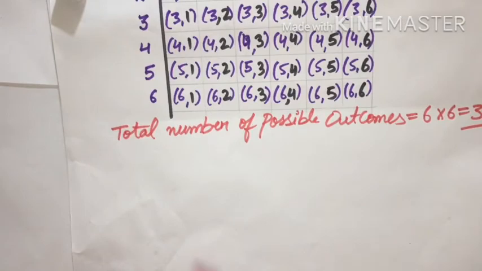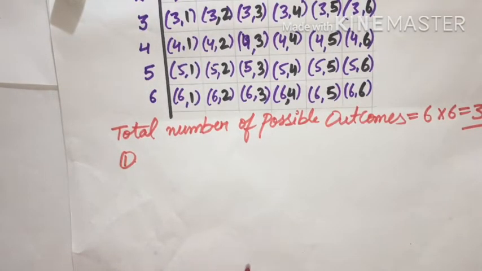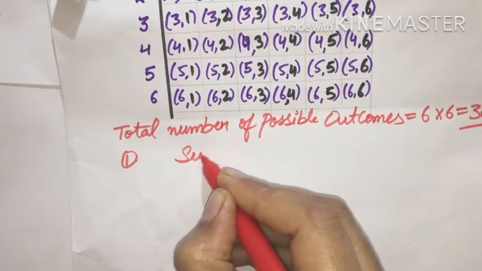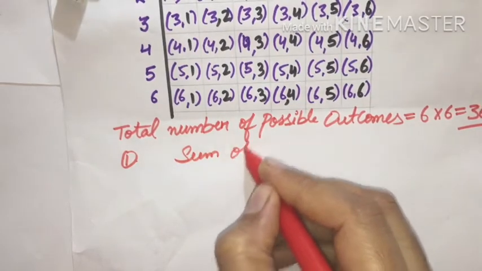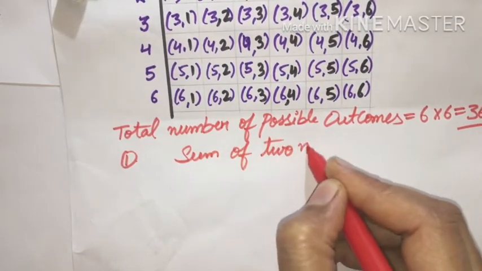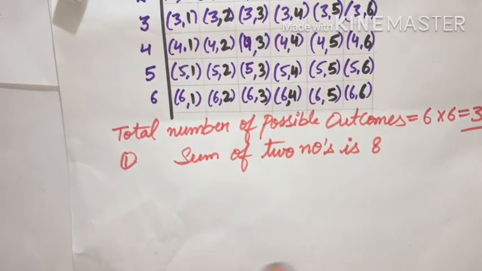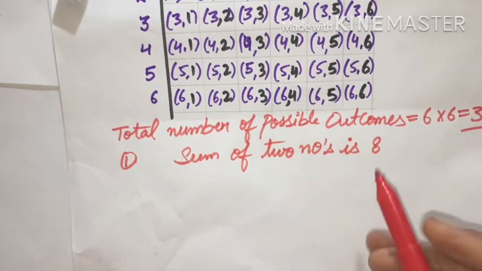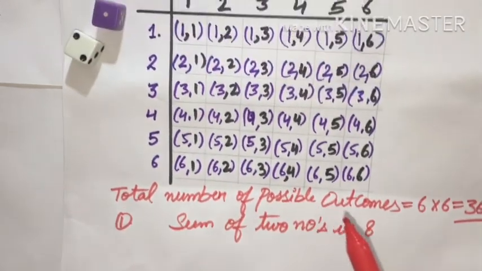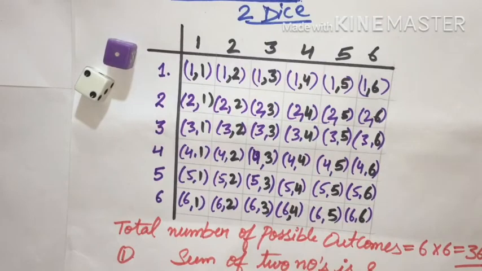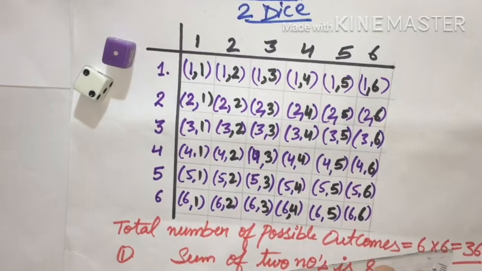Now if we consider different cases, suppose I ask for the favorable outcomes of the event that the sum of the two numbers is 8. We are finding the probability for that. In this table you can check when the sum of 8 will come for these two dice.